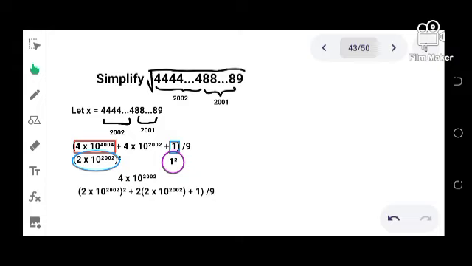Now, we write it as a square of a binomial. We have 2 times 10 raised to the power of 2002 plus 1 quantity squared all over 9. Now, we take the square root.